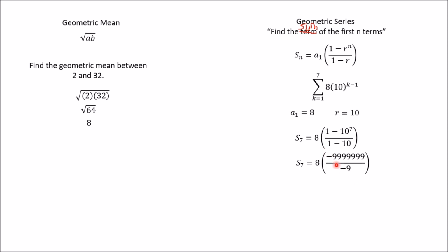And then negative divided by negative is positive. 7 nines divided by 9 is going to be 7 ones, times 8, which actually makes sense when you look at this. The first term is 8. The second term, multiply by 10, is 80, plus 800, plus 8,000. It would make sense that we'd have a whole bunch of 8s there.